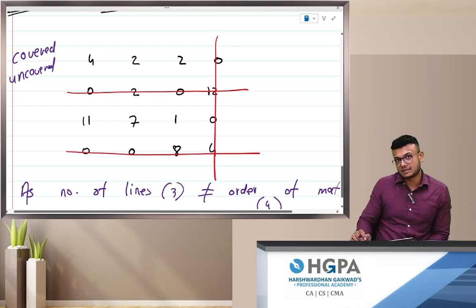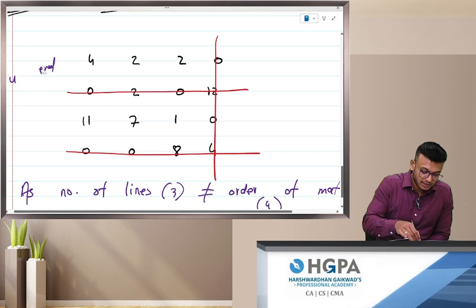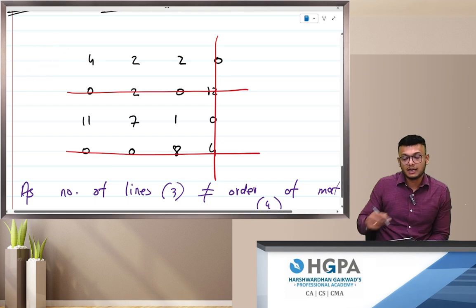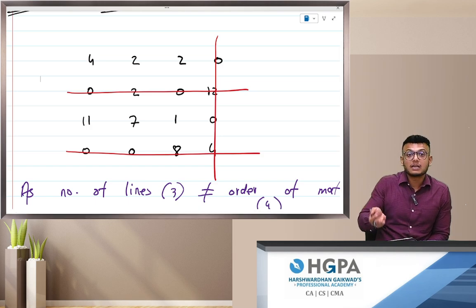The rule is like this: you have to select the least number from the uncovered elements. So I think it is going to be 4, 2, 2, 1, 1, 7, 1. Sir, 1 is that number. That is the number which you have selected from the uncovered.